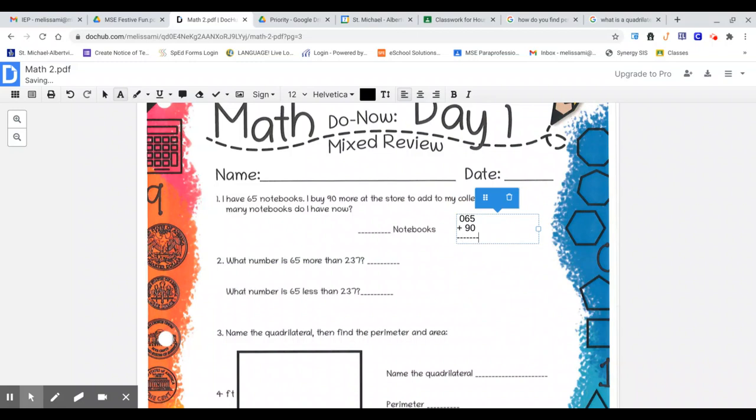Draw my line. I know that 5 plus 0 is 5, and then 6 plus 9 is 15. So I have 155 notebooks. And it's already labeled for us with notebooks.